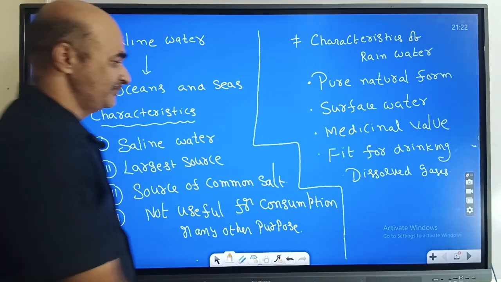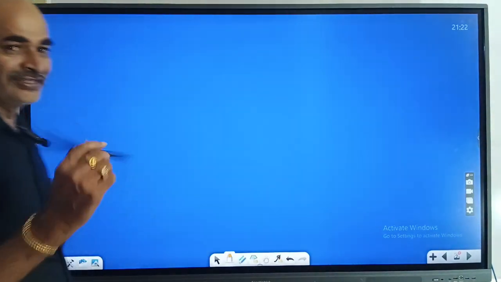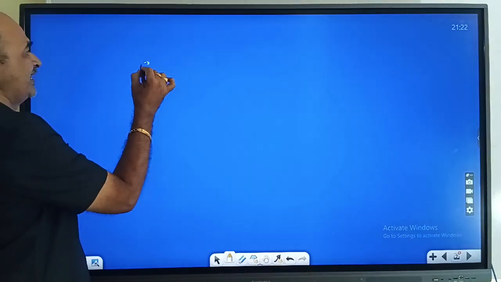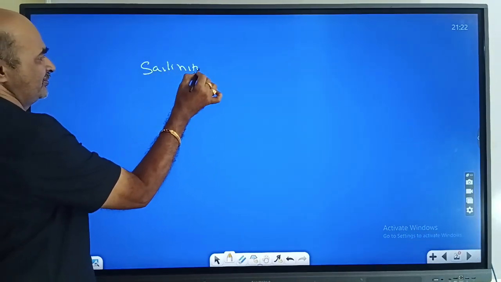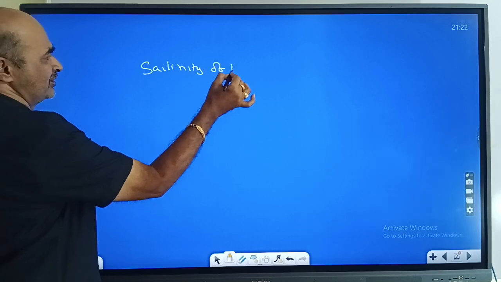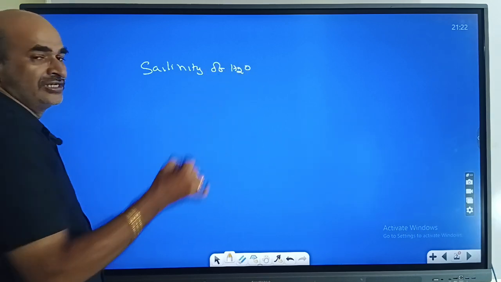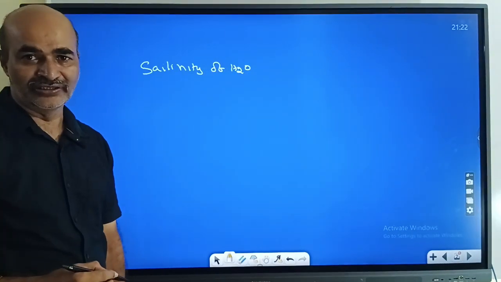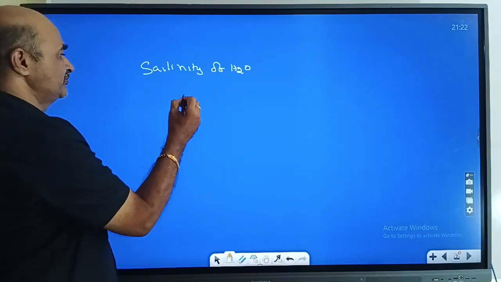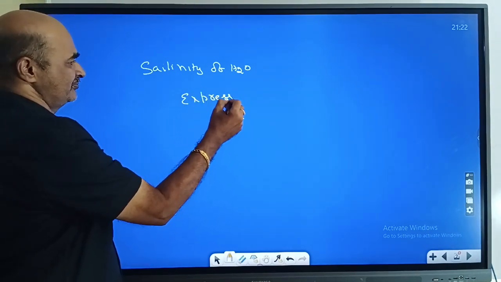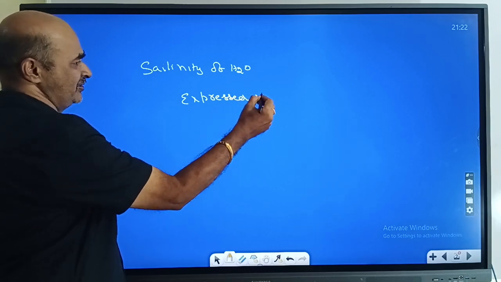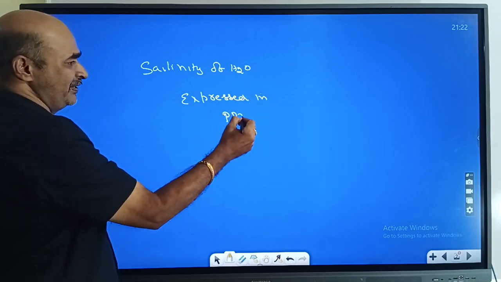For example, the salinity of water is expressed in parts per million, ppm.